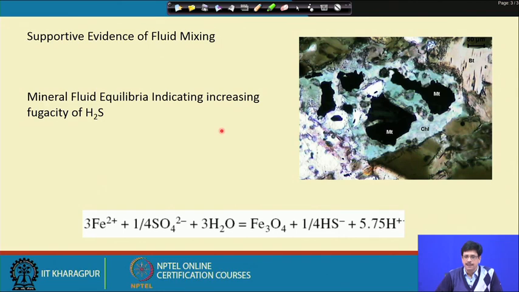Then, integrating the results obtained from all types of inclusions, the aqueous biphase, aqueous polyphase and aqueous carbonic inclusions, one looks at the fluid evolution diagram in such a way that it gives a very coherent picture of fluid evolution, which should also corroborate the observed mineralogical and associated alteration characteristics in the ore and the surrounding rocks.